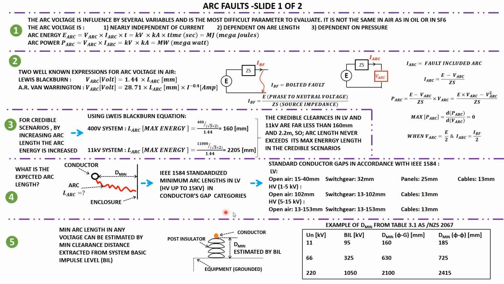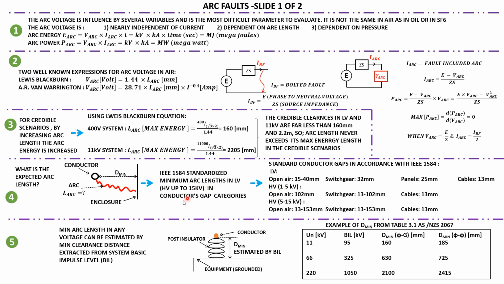So now we're understanding why it is standardized. It wants to get some sort of credible energy value for equipment. It doesn't want to get a very high energy value in a cable, which is not practical, which is not credible. So now we're understanding why IEEE 1584 standardized the gaps.